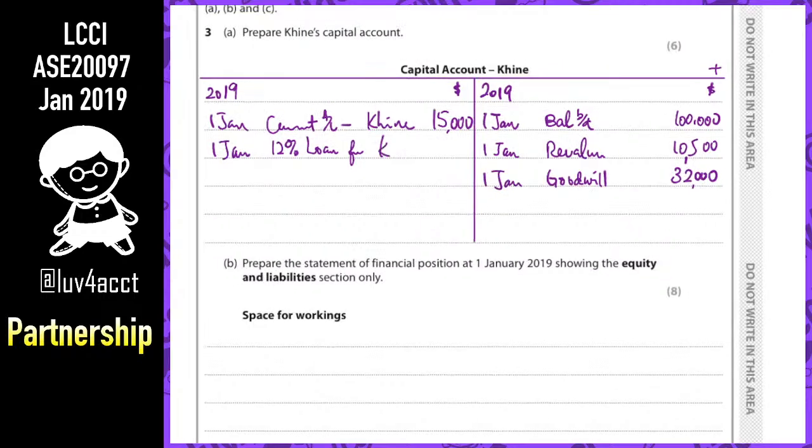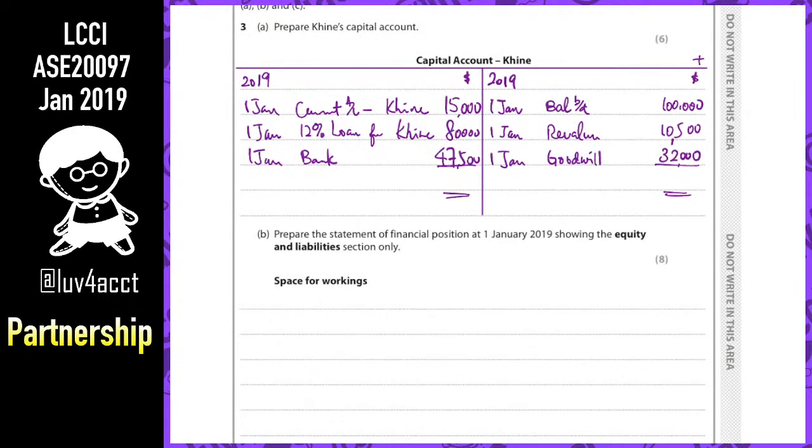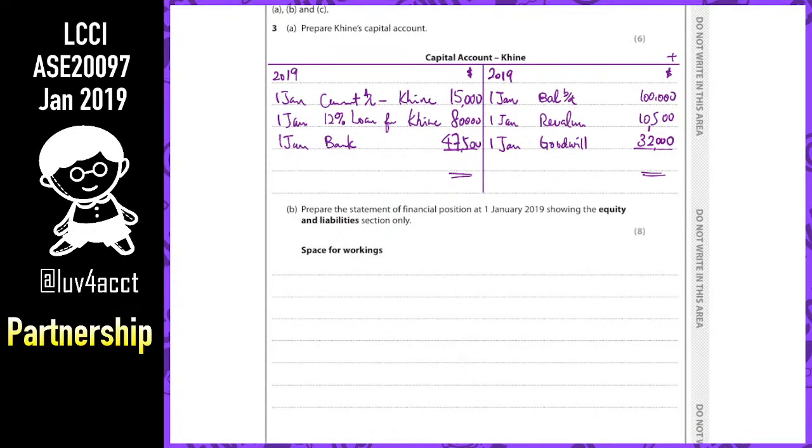This 80,000, and then the rest will be paid by cheque. Let's see how much is paid by cheque. 100,000, 10,500, 32,000, 15,000, 80,000. It will be 47,500. Finished.